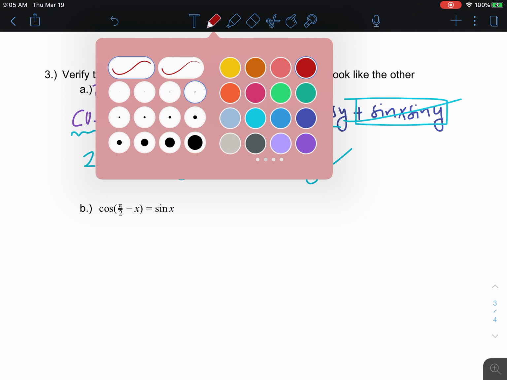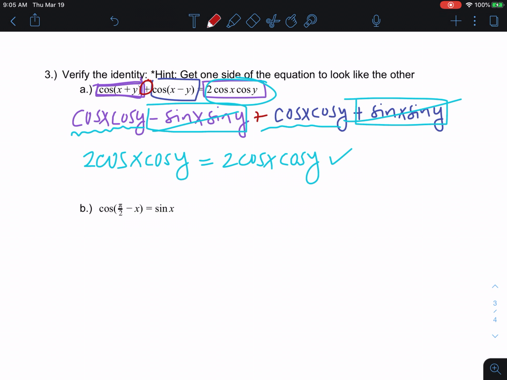For the next one, we have cosine of pi over 2 minus x equal to sine x. So this is obviously the more simplified side, so we're going to keep that side the same, and we're going to work over here. Since I see subtraction inside of the cosine, I'm going to break this down. Cosine pi over 2 cosine x plus sine pi over 2 sine x.